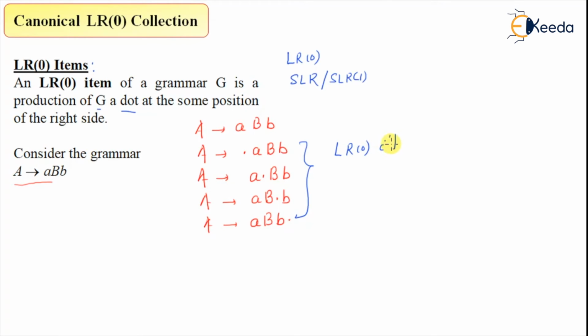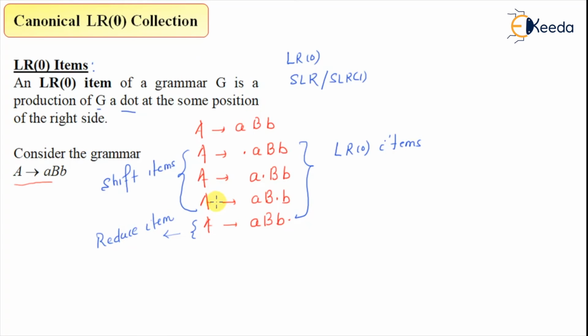Now among these, one important part is whether the dot is at the end or not. These first three, where the dot is not at the end, are my shift items. And when the dot reaches the end, which is only one condition, this is your reduce item.